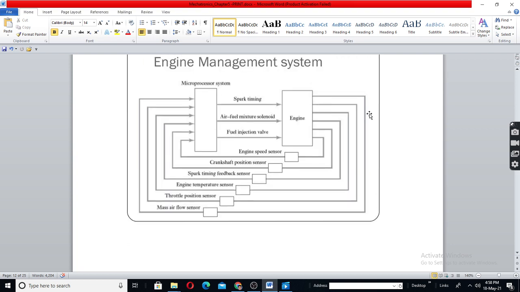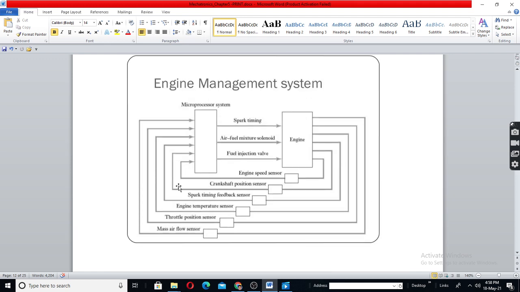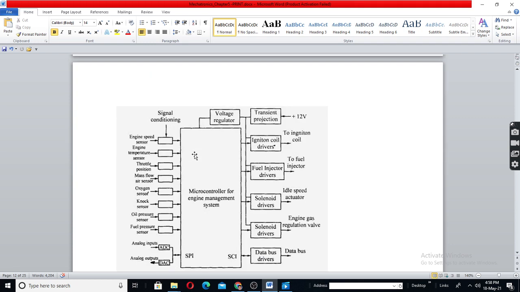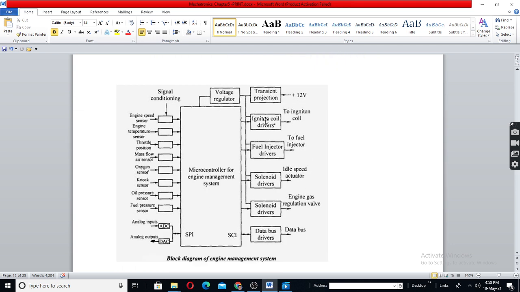These signals are nothing but these signals. This 1, 2, 3 are shown here, but there will be more signals even than what are shown in the figure.